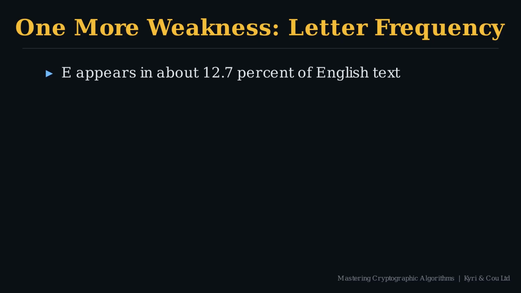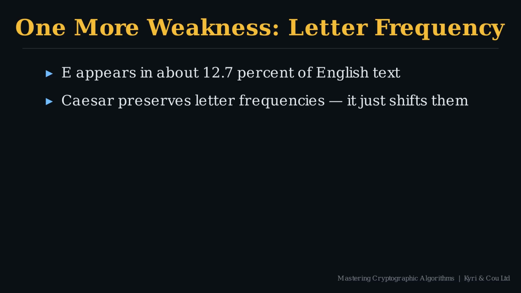Before we close the Caesar cipher chapter, there is one more weakness worth knowing. English text has highly predictable letter frequencies. E appears in roughly 12.7% of all text. The Caesar cipher does not destroy these frequencies, it just shifts the entire distribution.